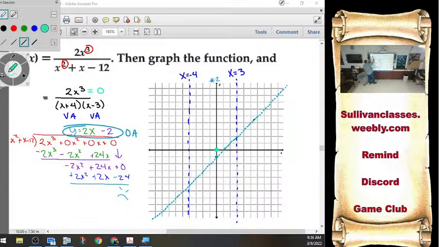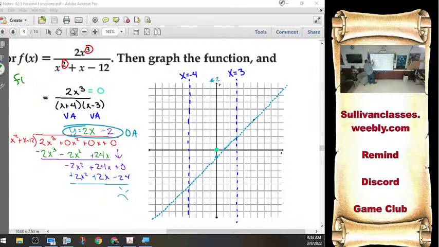If I plug in a 0, I get 0 again because my x-intercept is 0 means my y-intercept has to be 0. So I got nothing else. How do I know if this does one of these numbers?